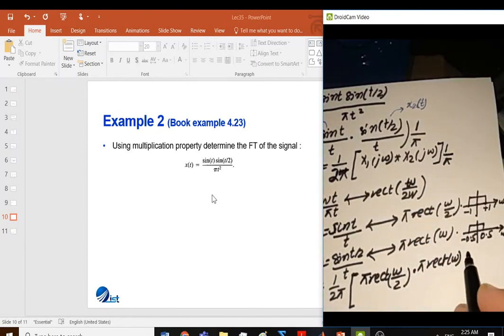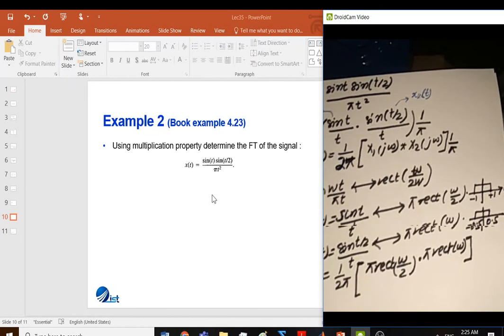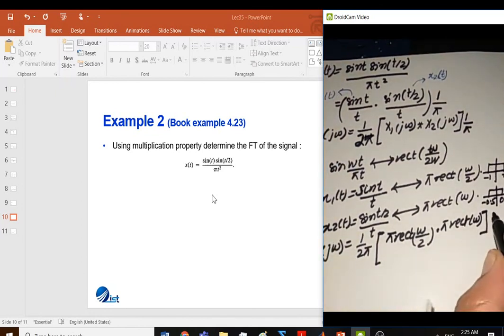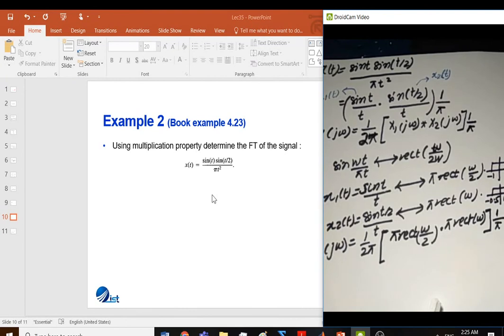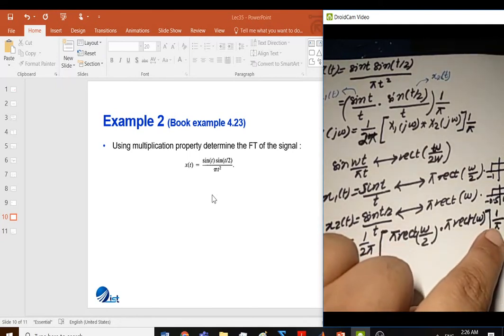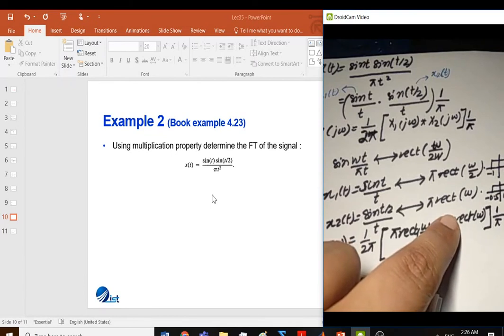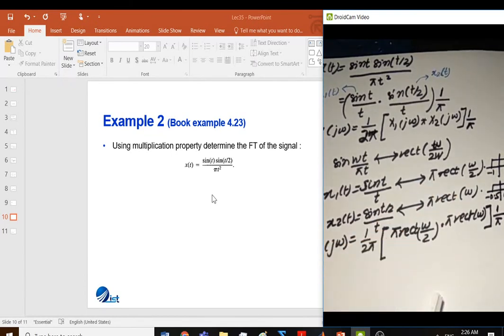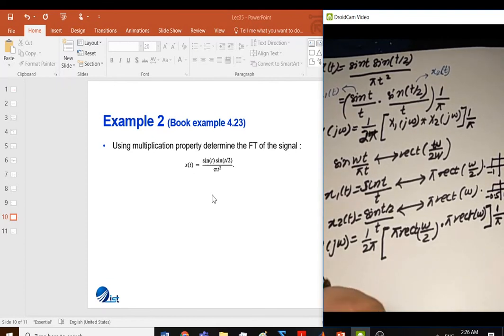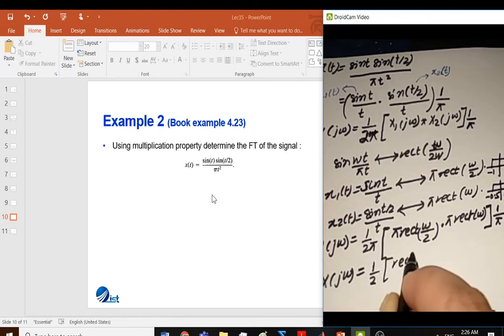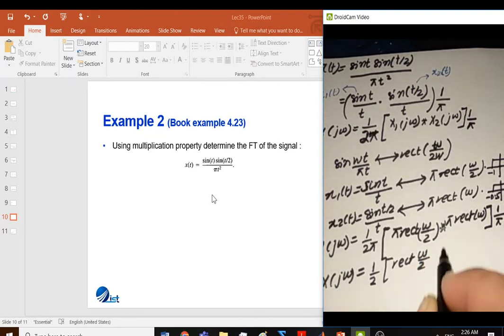So 1 by pi and 2 pi in the denominator and 1 pi and 2 pi in the numerator get cancelled, and the resultant expression for X of j omega is 1 by 2 rect omega by 2 convolved with rect omega.